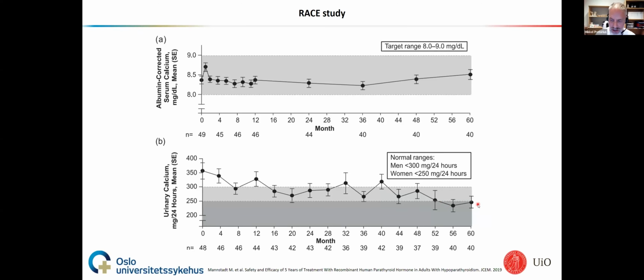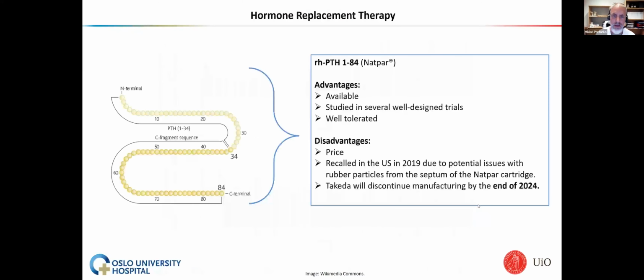This is an extension study. It was available, and it's still available, but as many of you are aware, it was recalled in the US in 2019 due to rubber particles, and Takeda announced already in 2023 that they will discontinue manufacturing by the end of this year.